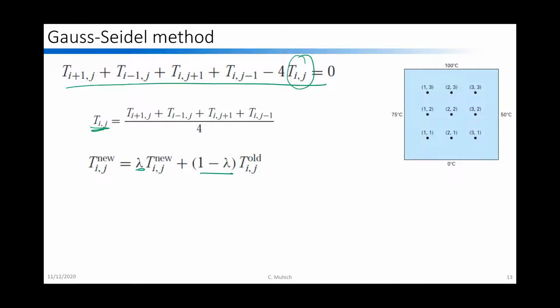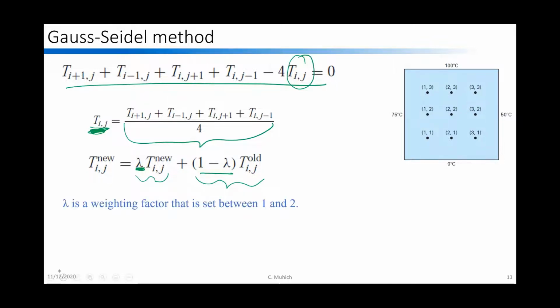Remember, the idea was we would calculate a new Tij using the equation that we had just set up, and then we would multiply it by this lambda, and we would mix essentially the new value and my old value, right?